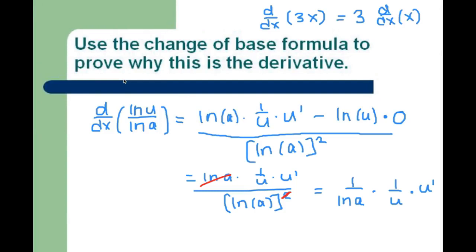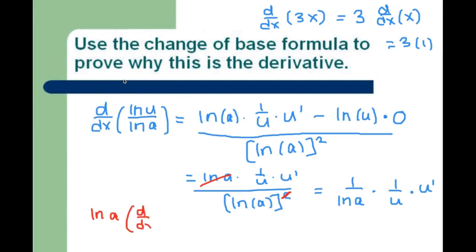Because the 3 is just tagging along. And that became 3 because the derivative of x was 1. Well, the same could be true here with this example. I could actually have said, okay, that ln a is a constant.